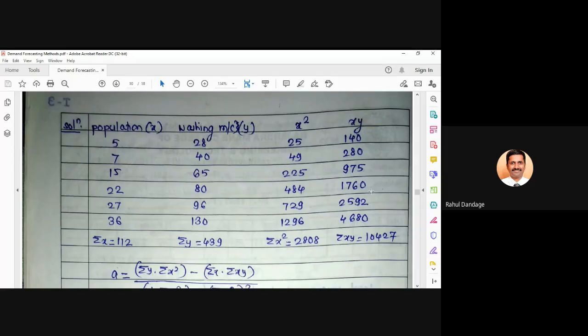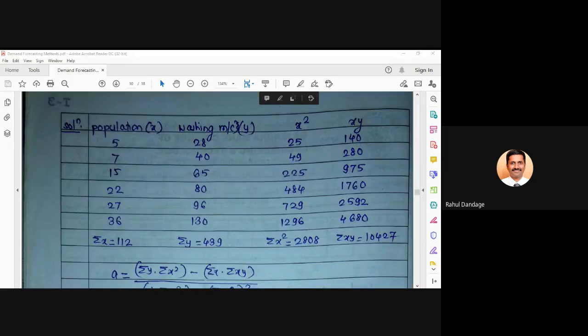So summation X, whether it is equal to 112, summation Y, whether it is equal to 439, summation X square, whether it is equal to 2808, and summation of X into Y product, whether it is 10427.